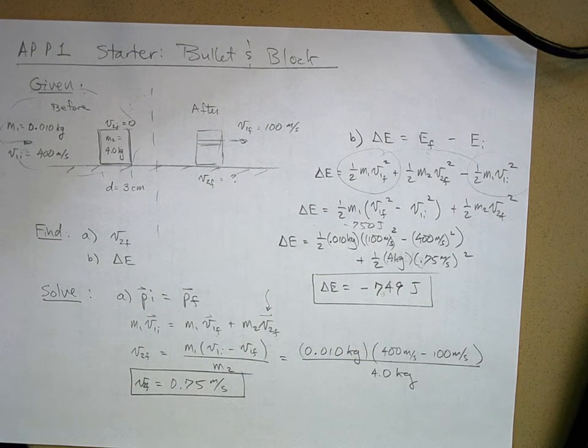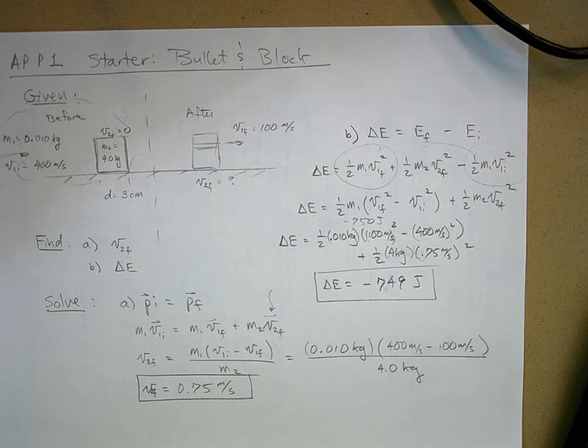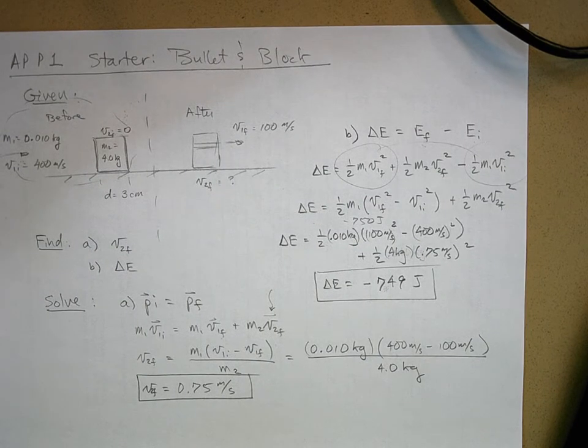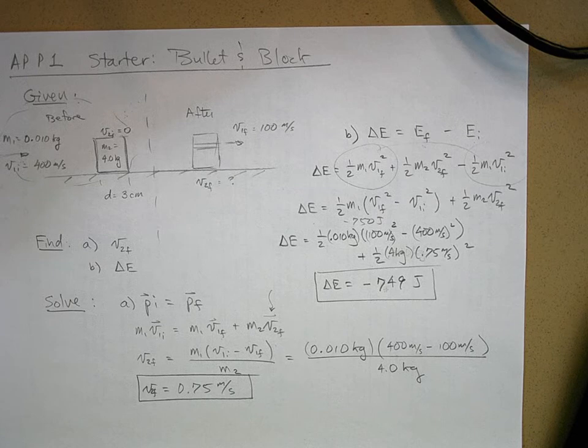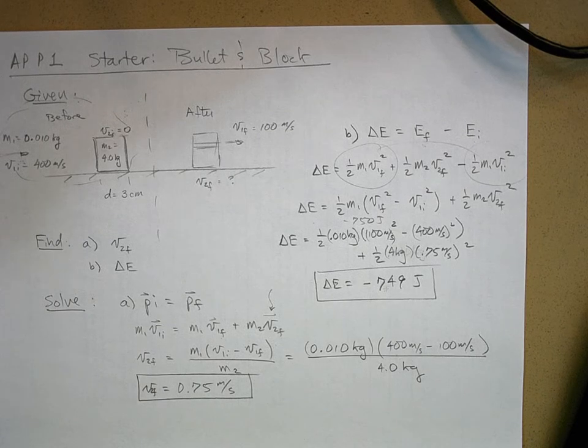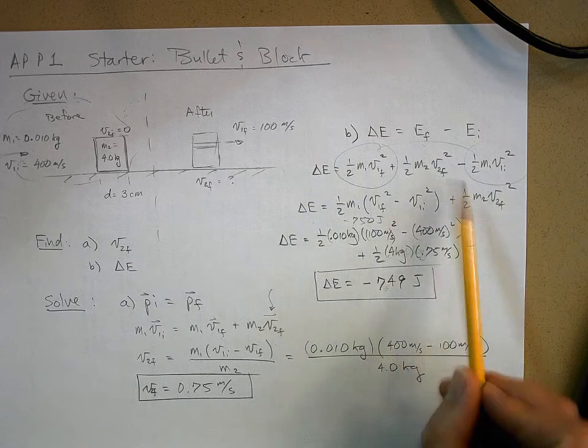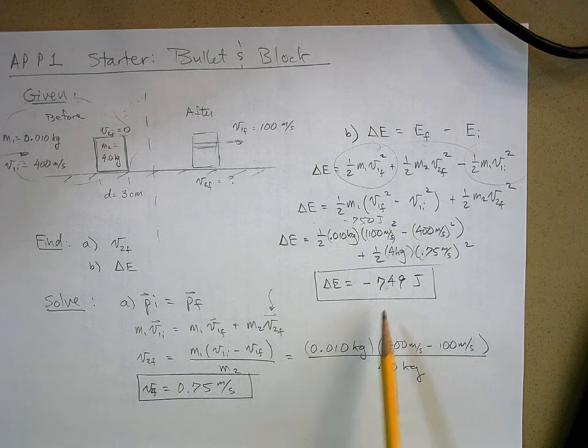So I lost almost all my kinetic energy. There's very little of it left after this collision. But momentum was conserved. So this is an inelastic collision because we lost mechanical energy in this collision, but momentum always stays the same.